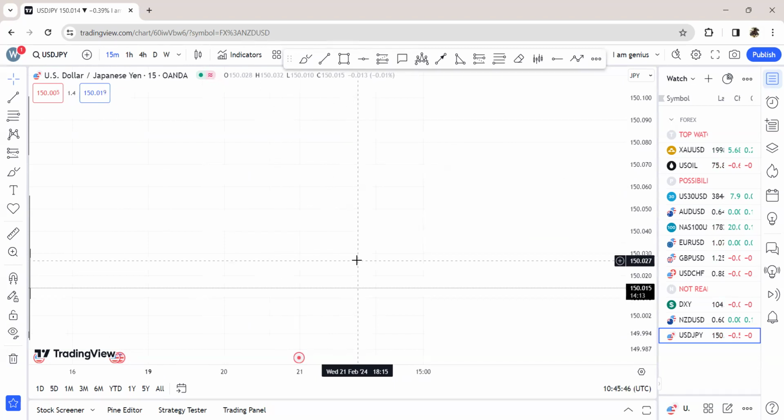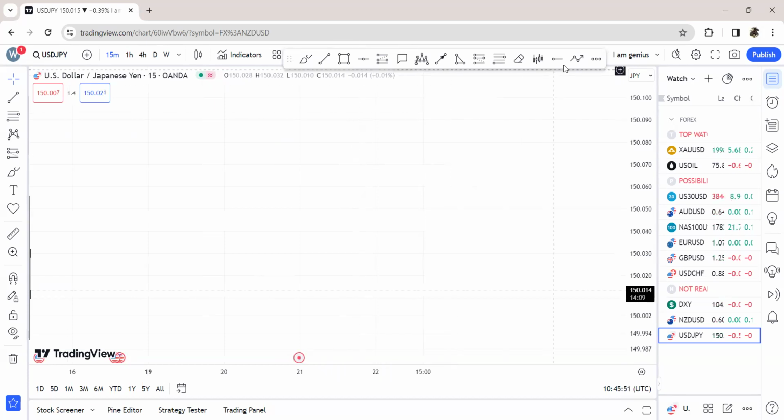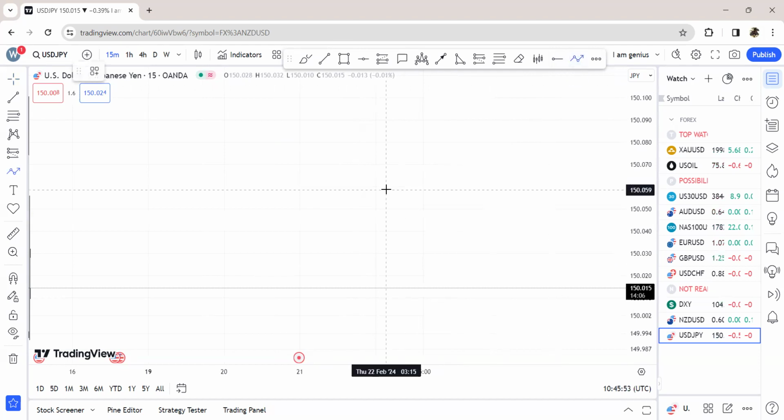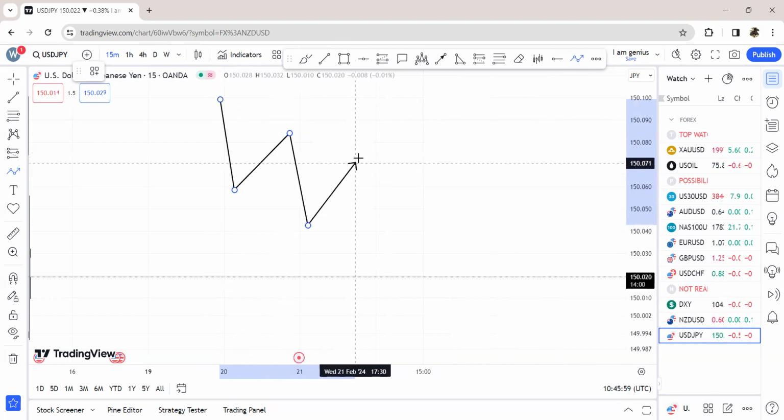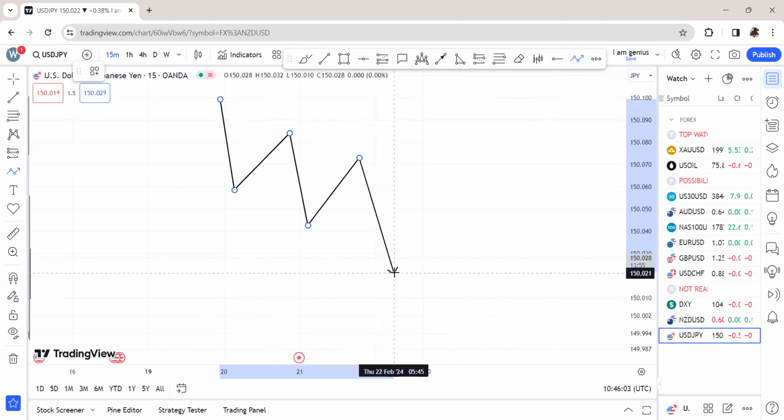Now the same applies to downtrends, but just in reverse. So for a downtrend, you have the market moving like this. Then there's a last idea I have on this that I'll explain.